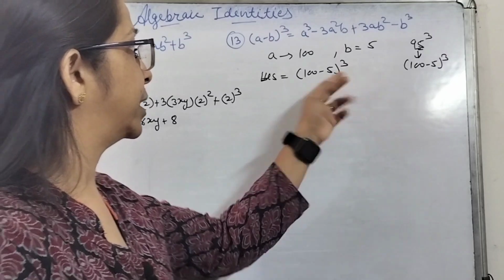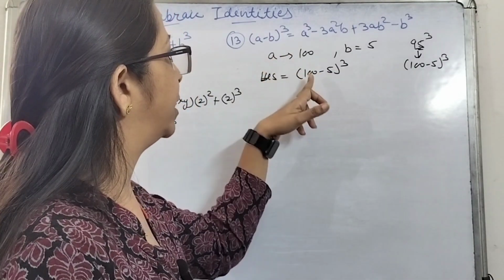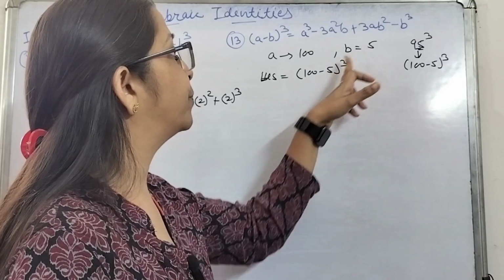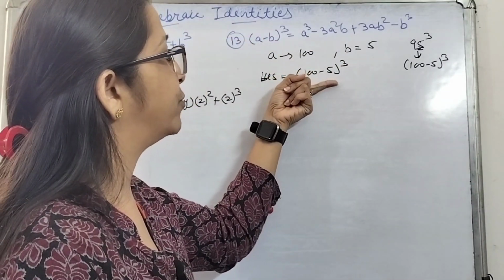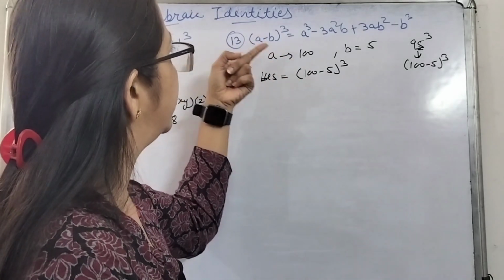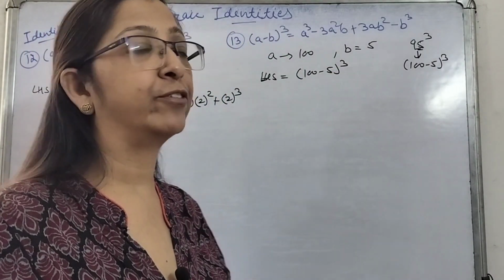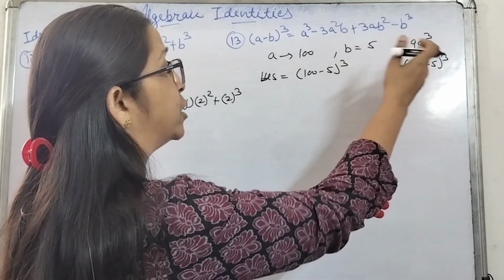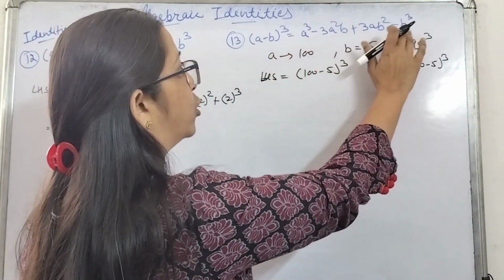So the value of a will be 100, the value of b will be 5. We can see over here a is replaced by 100 and b is replaced by 5. So instead of multiplying 95 into 95 into 95, we can directly solve it using this identity.